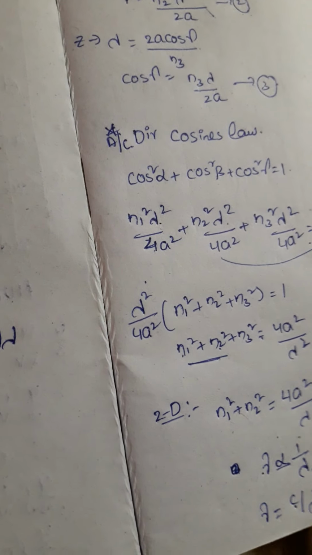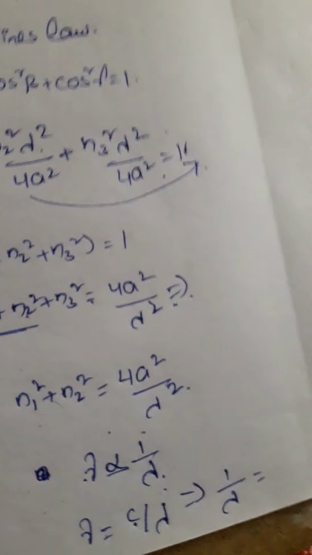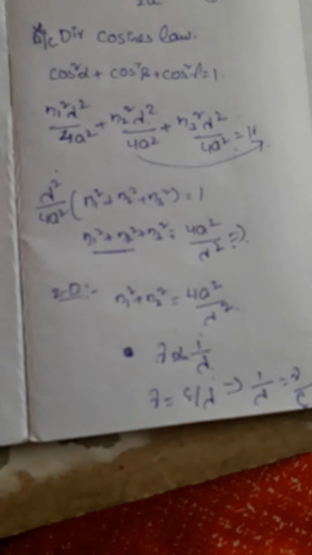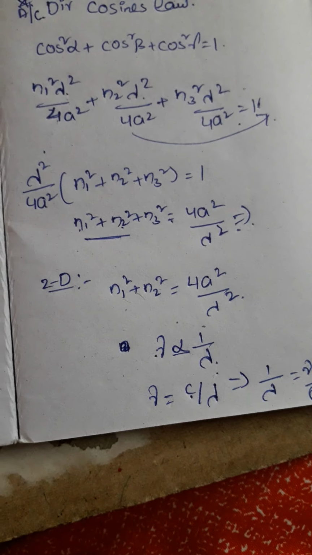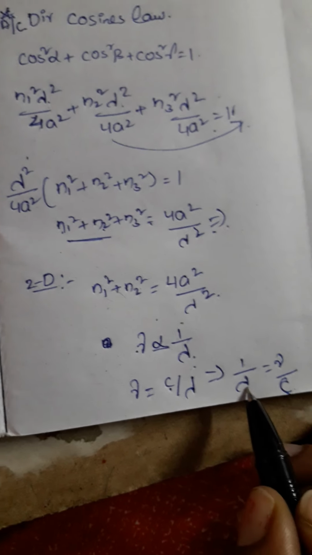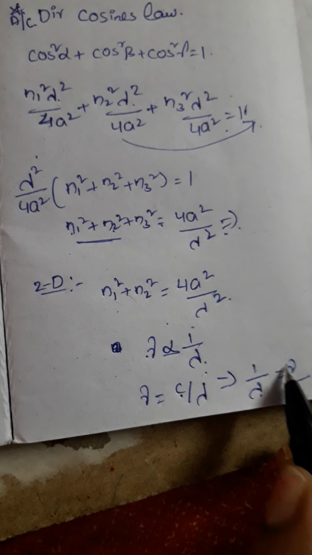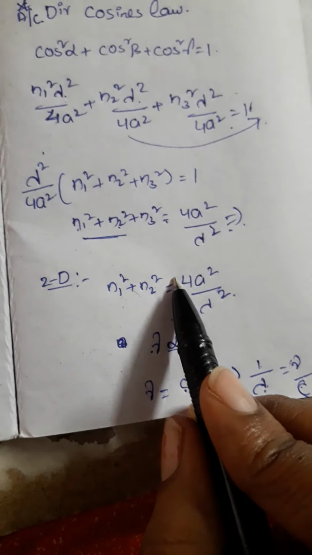Using this, write down the 1 by lambda value. 1 by lambda is how much? Mu by c. Take this 1 by lambda value and substitute here.